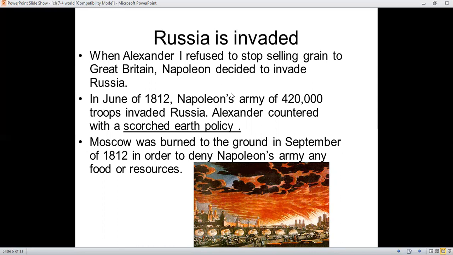Alexander I countered with a scorched earth policy. He burned Moscow to the ground, burning his own city, in order to stop Napoleon's army from getting any food or resources.